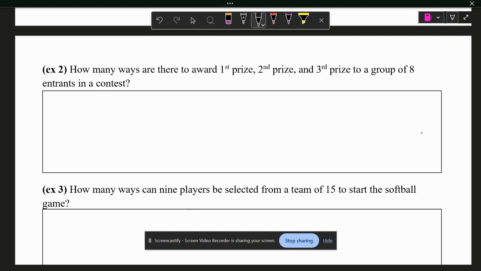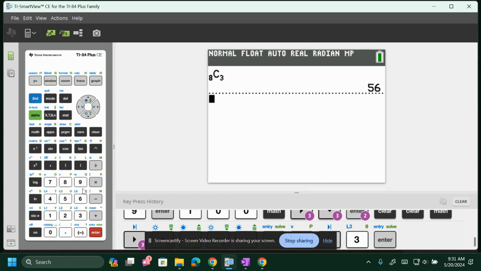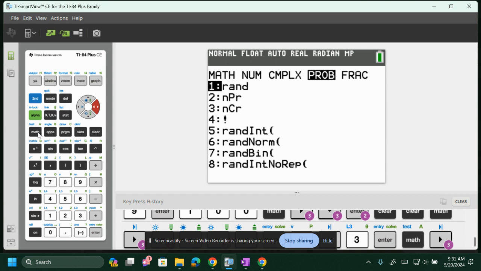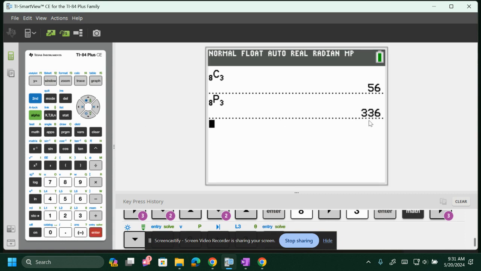So in this case, nPr, which is going to be 8P3, 8 permutated 3 ways. So go back into your calculators. Okay, I'll show you here. Going to go into math. 8, 3, and 336 ways.